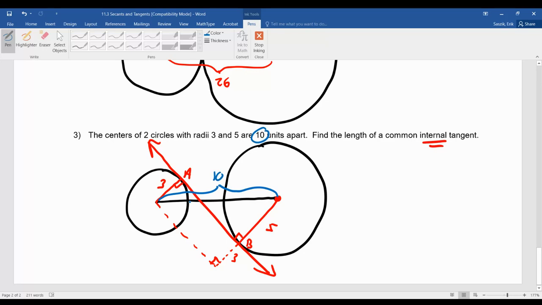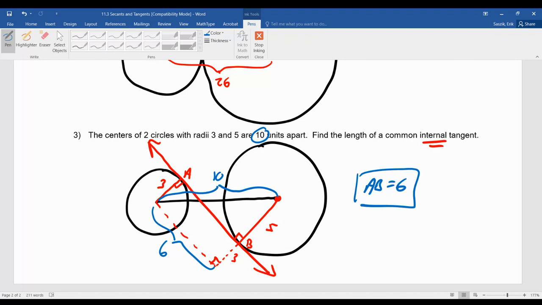So I have a right triangle with a hypotenuse of 10, a leg of 8. That means this has to be a 6, 8, 10, a 3, 4, 5 triangle. Now, if that's 6, AB must be 6 as well. So that's the internal tangent problem.